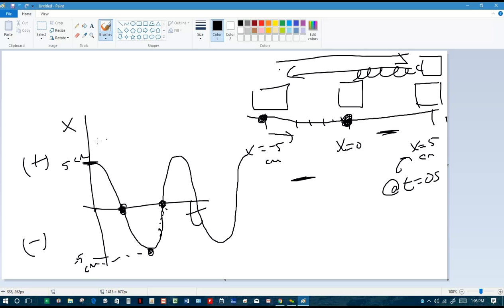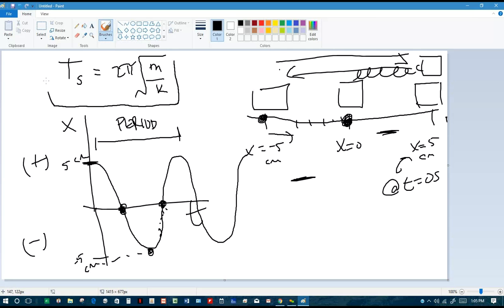The period goes from here to here. This is the period of this oscillation. Again, the period of a spring, I don't know if I showed it before, but this is 2 pi times the square root of m over k. And so if they wanted you to make a calculation, you'd have to know what the physical mass of the block is.